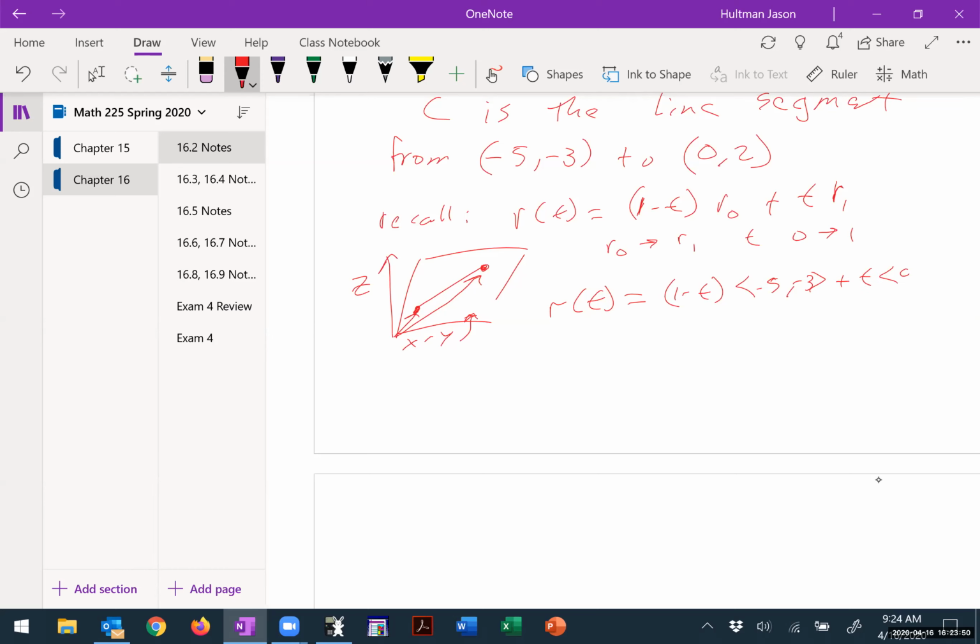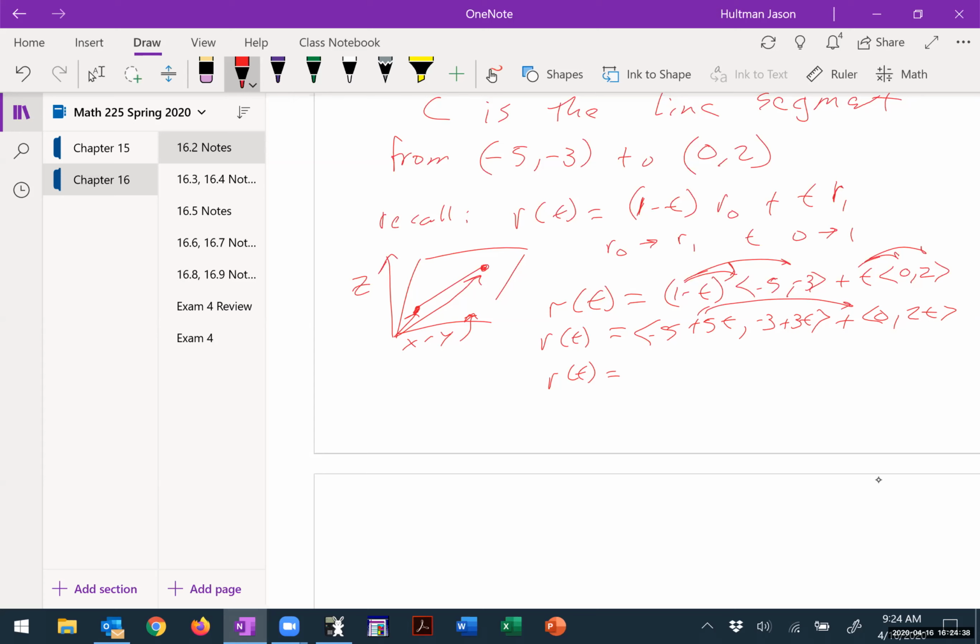So let's distribute. We're going to distribute the 1 minus t here. So we get -5 plus 5t, comma, this is -3 plus 3t, plus, let's distribute the t, and I get 0, comma 2t. That's a vector. I'm going to add the vectors together. So this is -5 plus 5t plus 0.